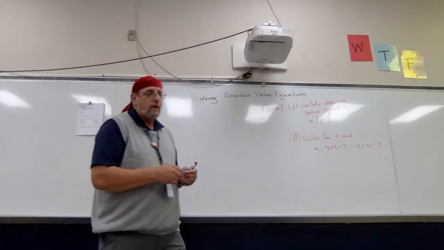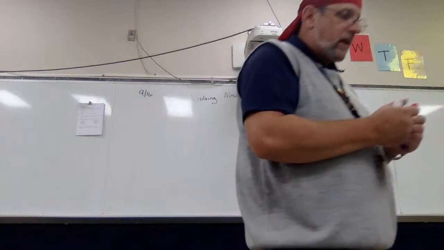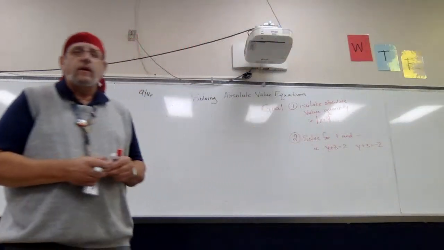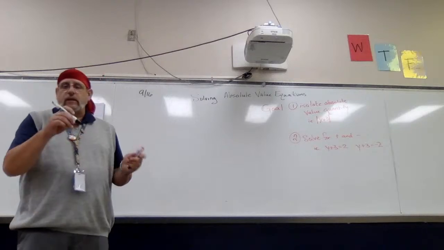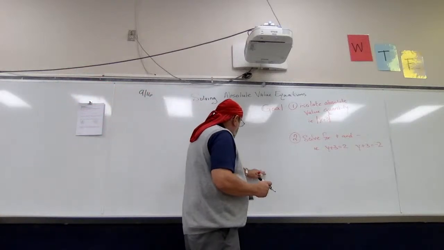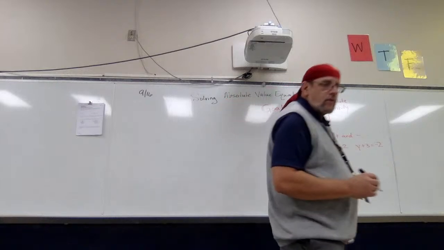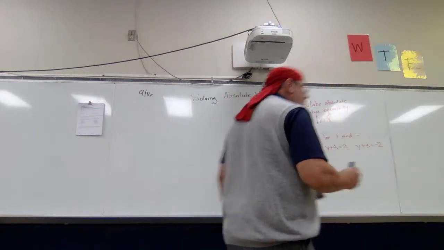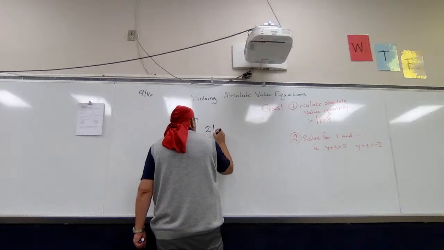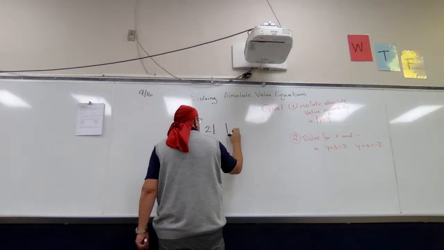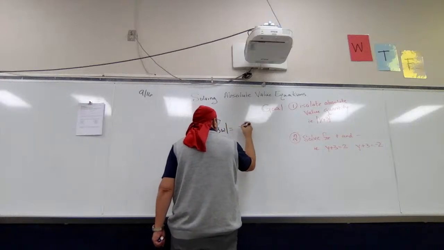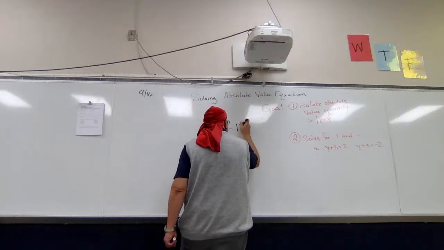20 is just like 25, basically. I'm going to teach you how to cheat legally. 20 is 2 times the absolute value of 3W equals 12.